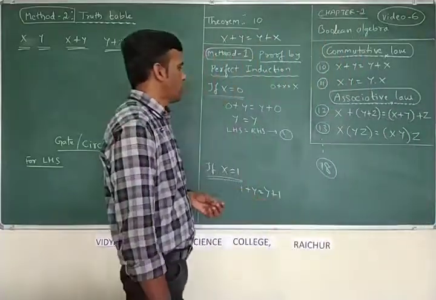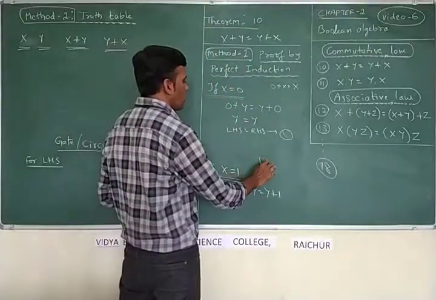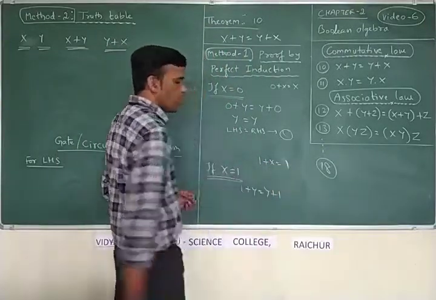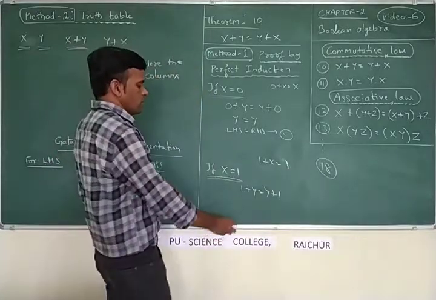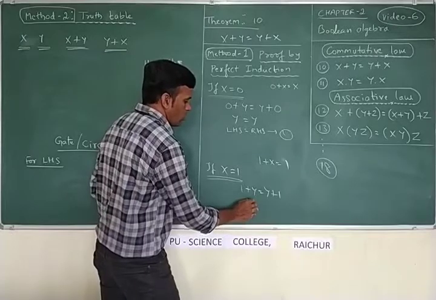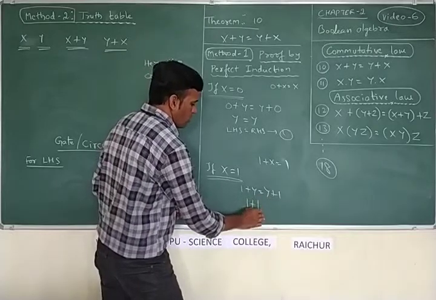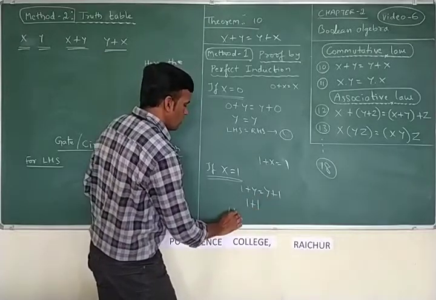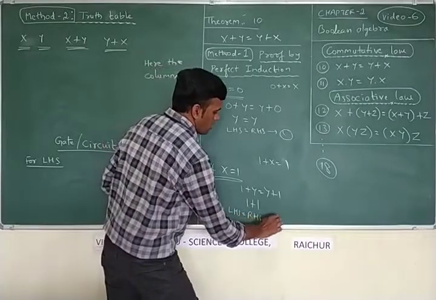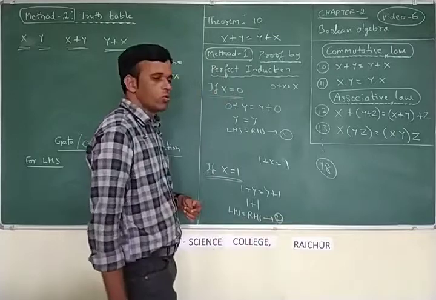Already we know that 1 plus x equals 1. Here in place of x we have just y. So 1 plus y is 1 only. y plus 1 is 1 only. So again we are getting LHS equals RHS, called as 2.